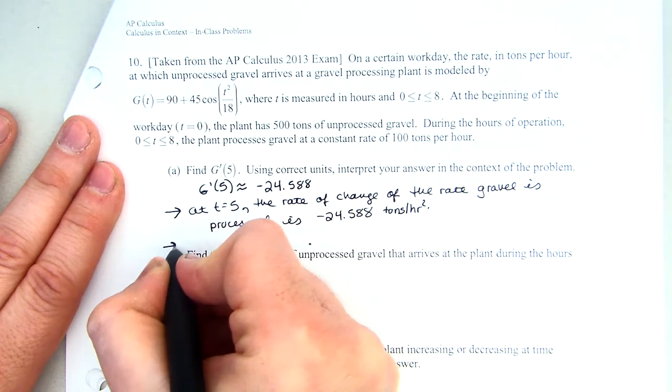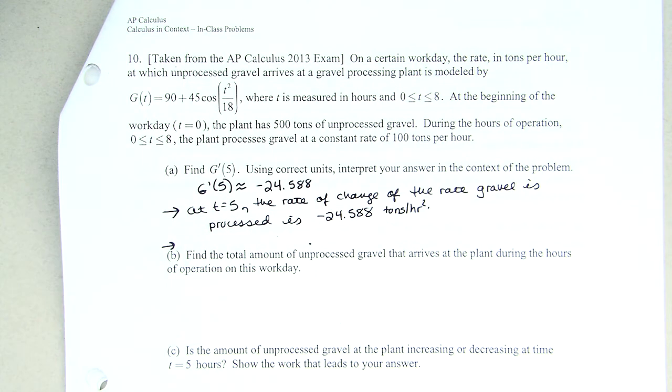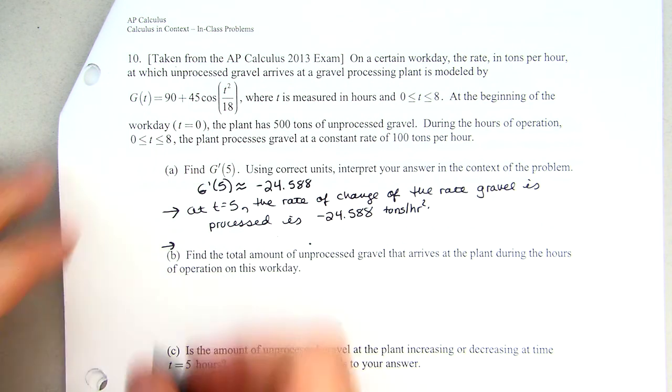But there's a better way to talk about this that I feel like Plady was starting to get at, but something in her language made it a little bit wrong. She was talking about something decreasing. Sai, what's decreasing? Yes, not the rate of change of the rate that gravel is being processed that is decreasing, but the rate that gravel is being processed, that G that you have, is decreasing.